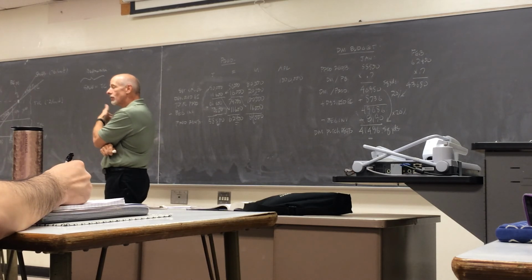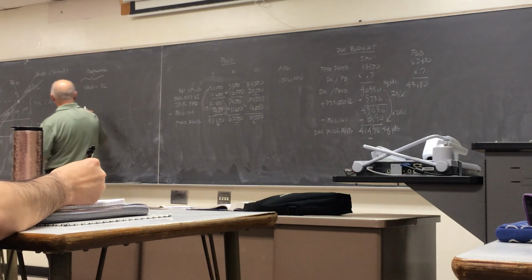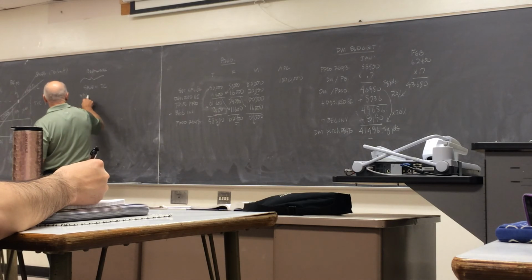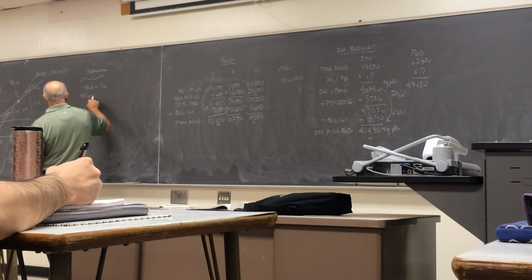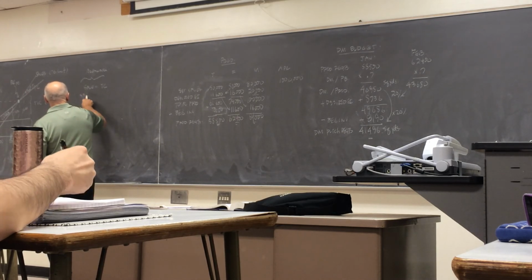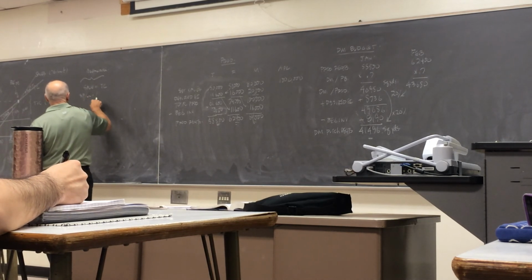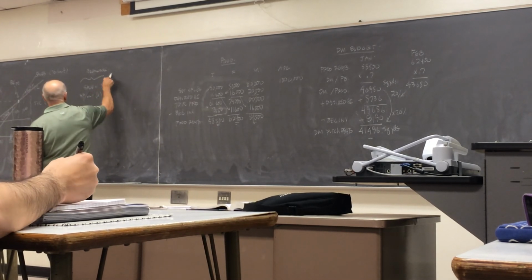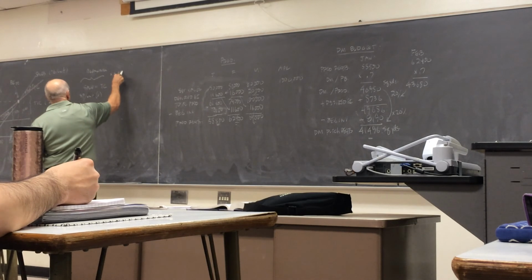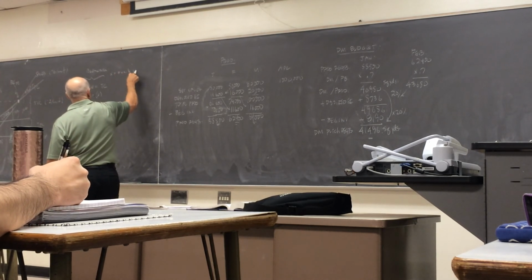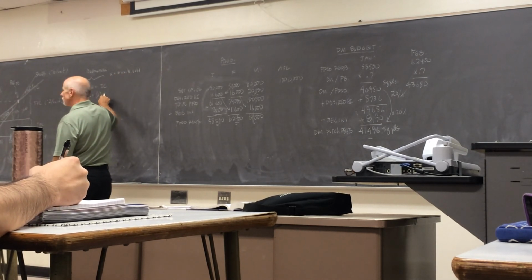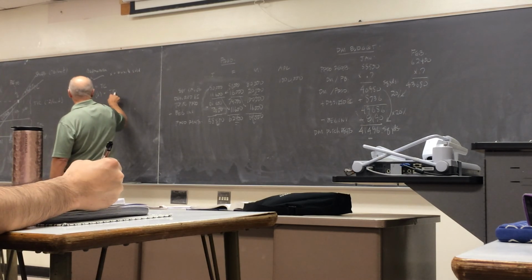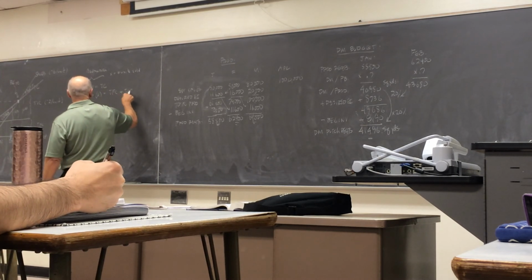Now, what you can do is break this down. You multiply sales price per unit times X, where X equals number of units sold, equal to total cost, which would be total fixed cost plus total variable cost.